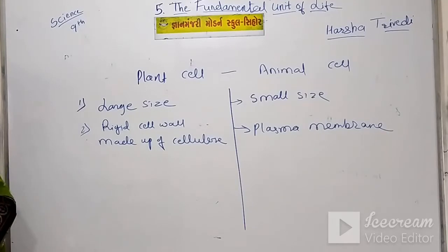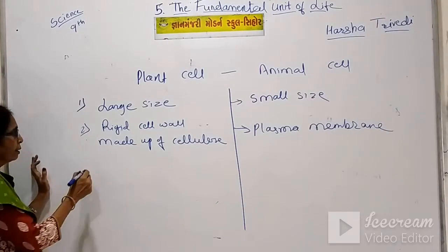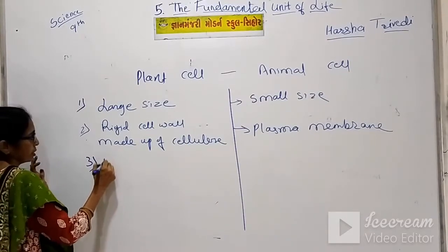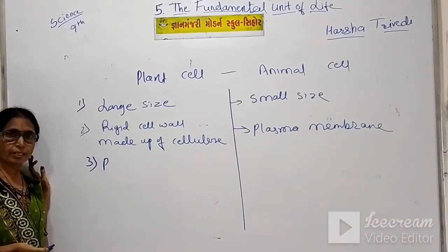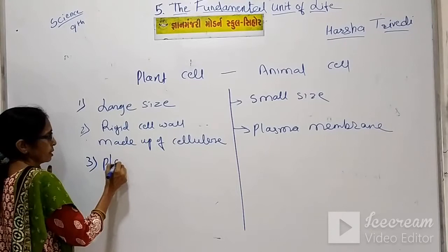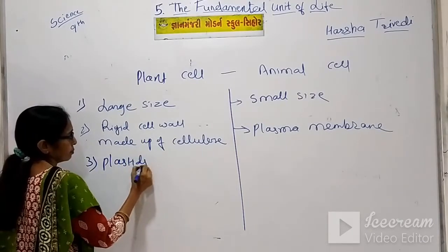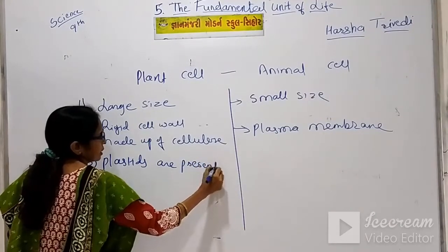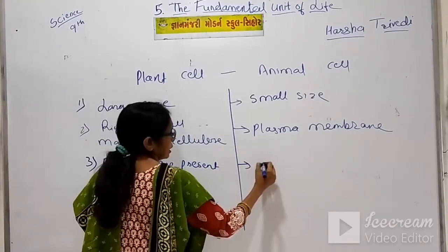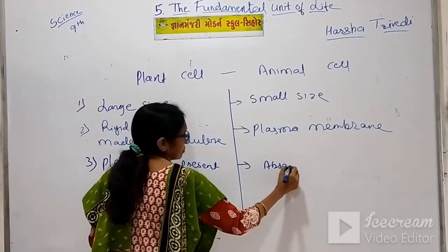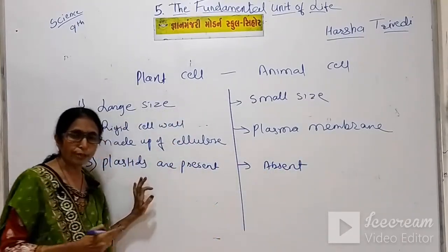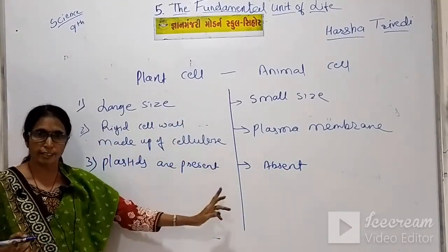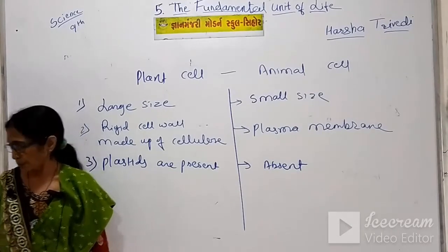Now, next point, plastids are present. Today only we have discussed plastids are present in plant cells, and here we can say absent. And when writing only point wise, don't write like this in homework also.